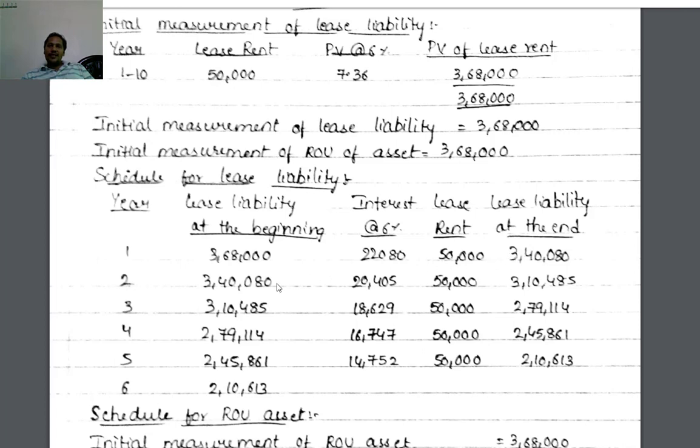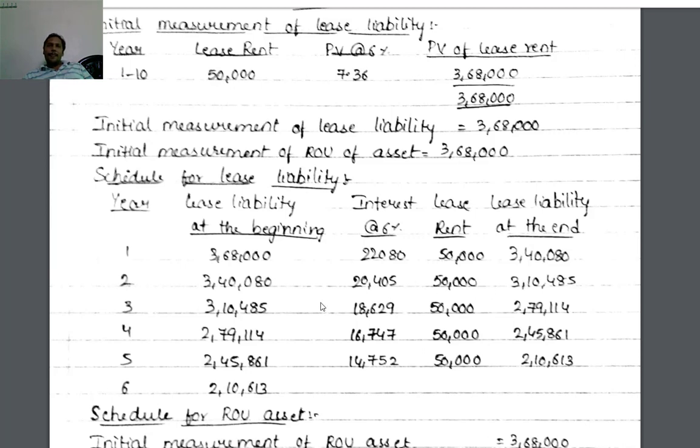Lease liability at the beginning of second year 3,40,080. Interest at 6%, 20,405. Lease rent payment 50,000. Then balance of lease liability 3,10,485. That is 3,40,080 plus 20,405 minus 50,000.